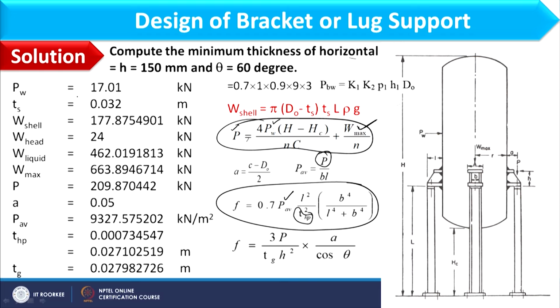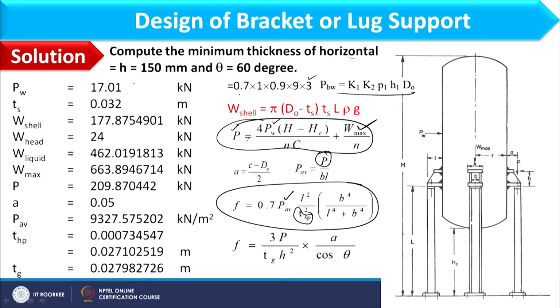So, first of all I need to compute P_W and W max so that I can find out value of P. So, P_W is coming as 17.01, which can be computed as 0.7 into 1, that is K1 K2 if you remember. This is the expression K1 K2, K1 is 0.7 for cylindrical vessel, K2 will be 1, and P1 which is the wind pressure, it is given as 0.9, and then H1 is the total height of vessel from foundation and that is 9, D_O outer diameter of vessel, that is 3.